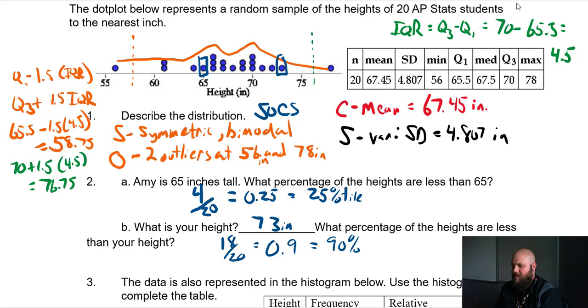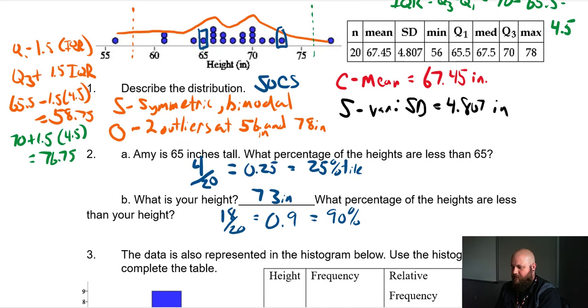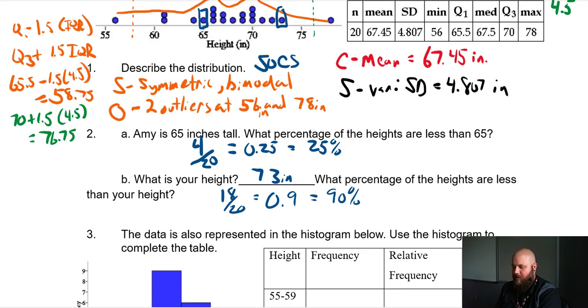So there's 90% less than me. Therefore, I'm in the 90th percentile. Okay. In fact, I'll erase it off of A because it didn't ask what percentile. I don't want to get y'all confused with that. That's just telling me what percentage I'm at, or below, I'm sorry, that value.